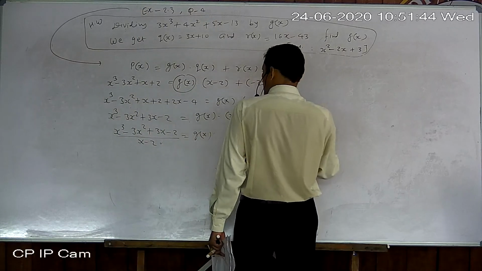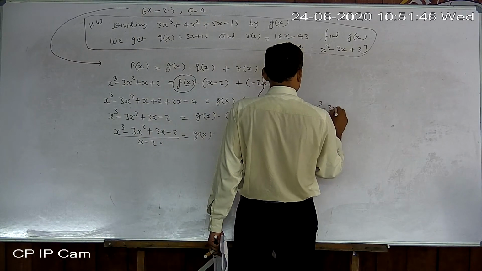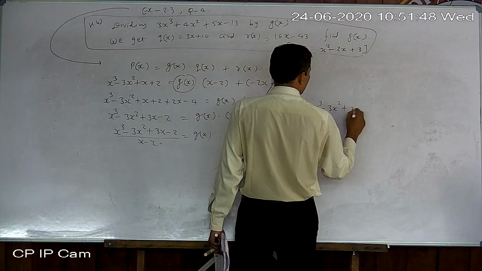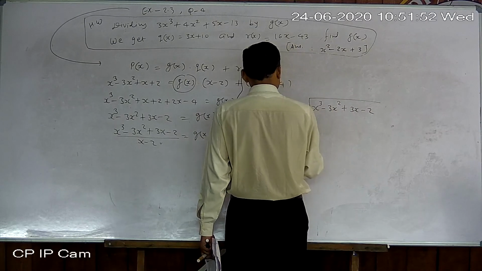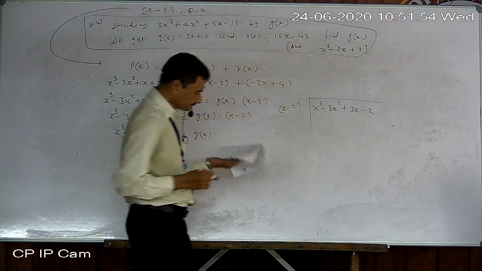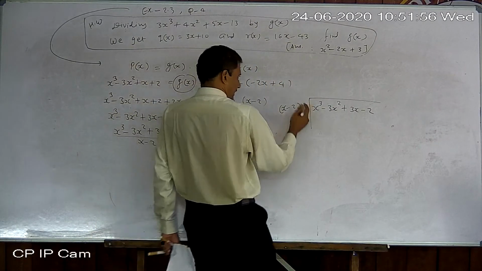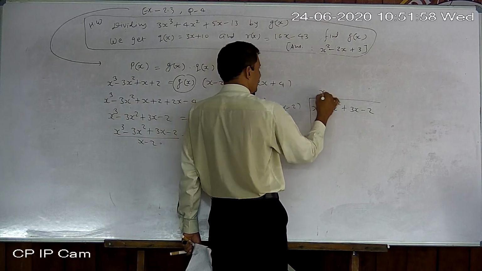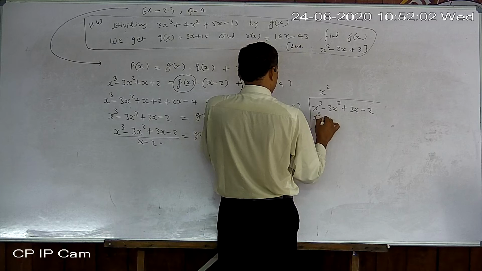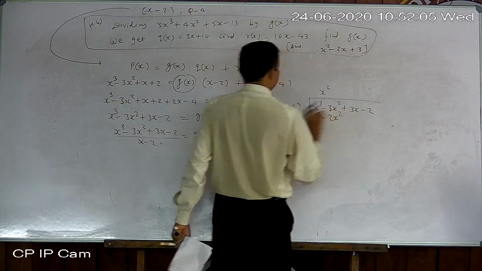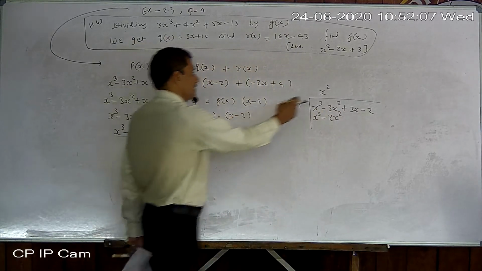So x cube minus 3x square plus 3x minus 2 divided by x minus 2. I finish it first with x square. So it becomes x cube minus 2x square. I multiply by x square.